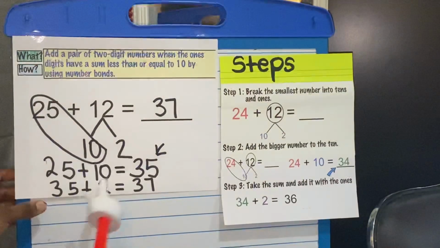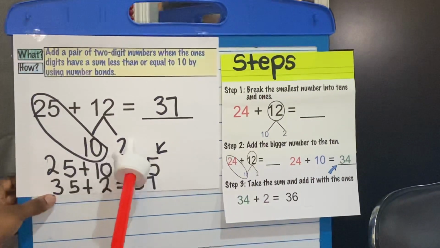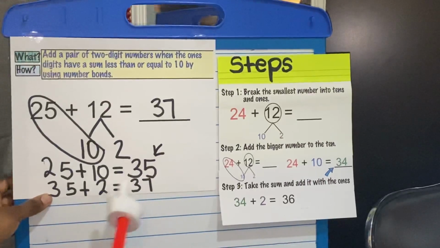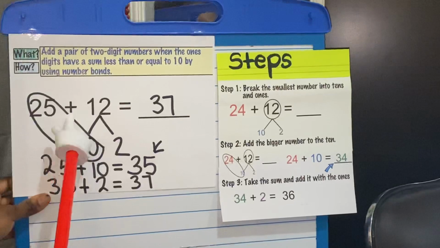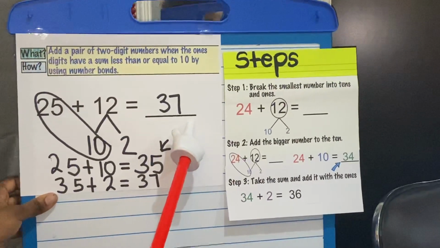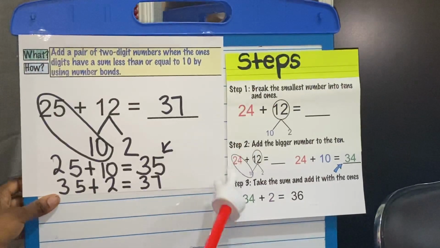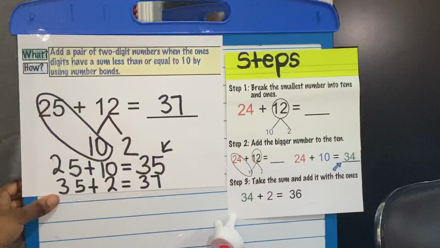Then I took the sum and added it with the ones, 35 plus 2, and it gave me 37. So 25 plus 12 equals 37. So you're going to follow the same steps when doing your independent work. Good luck.